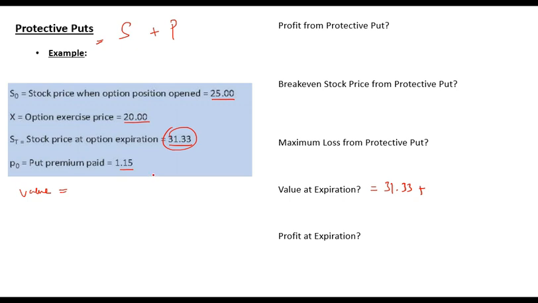Why? Yes, so value of put option is X minus S, which is 20 minus 31.33. It is negative, which means put option will not be exercised, and if it is not exercised, value will be 0. So value of protective put at expiration should be 31.33. Any questions?